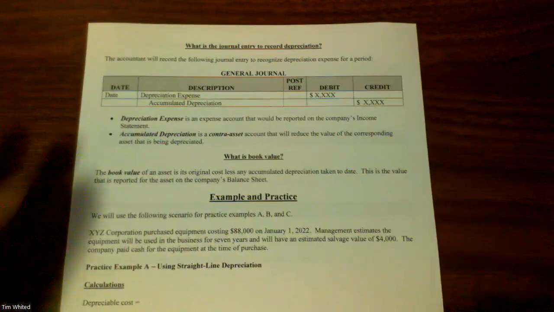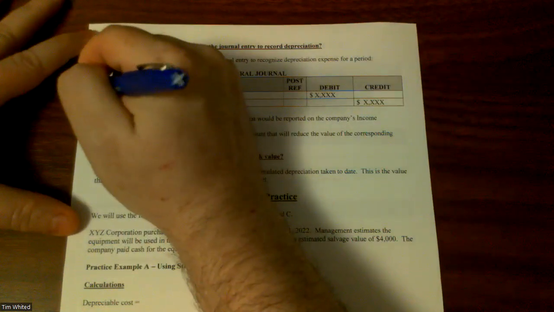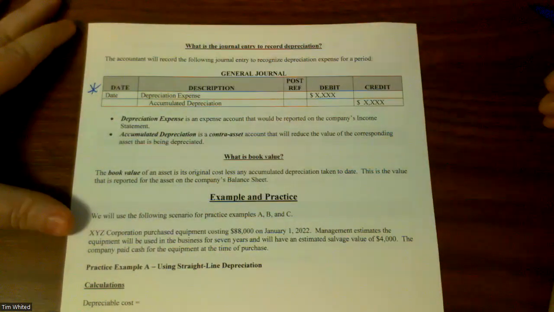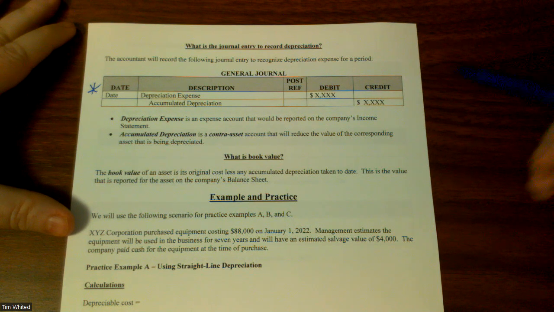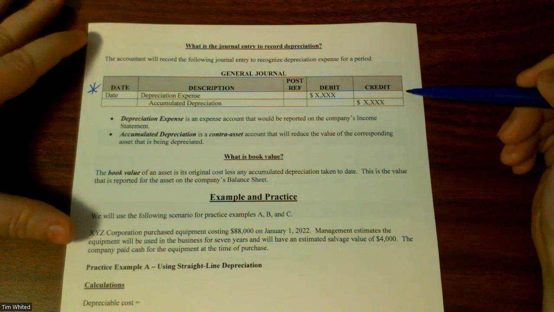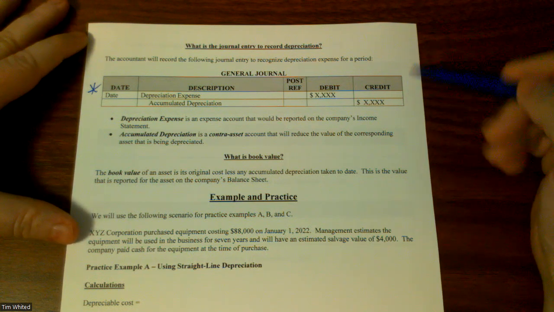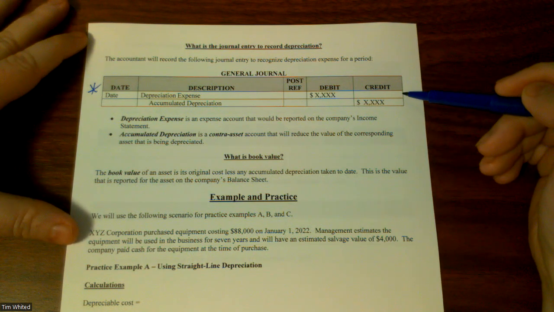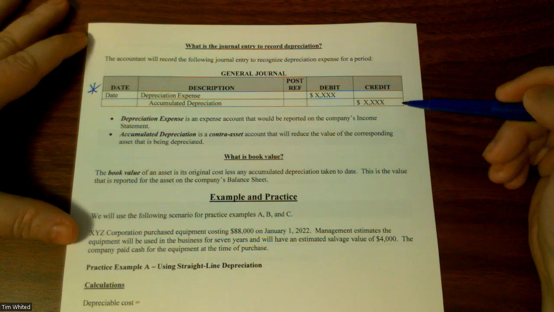All right, this is the blueprint entry for recording depreciation. So whenever you're doing a journal entry to record depreciation on an asset, we're going to debit depreciation expense, and we're going to credit accumulated depreciation.